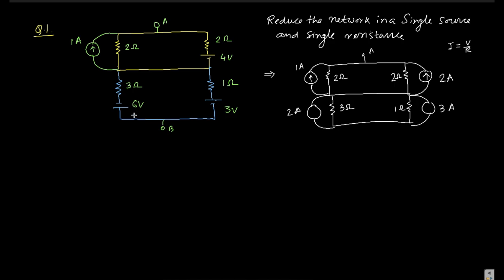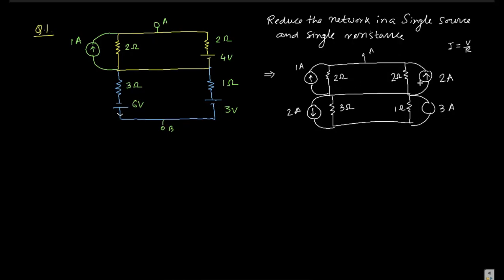What is the direction of the current source? The direction of the current source is downward, because we know that for a battery the current flows from the higher potential to the lower potential. So the direction of the current is like this due to this 6 volt battery, so the direction of the current source should be like this. Now it is easier to make the circuit.